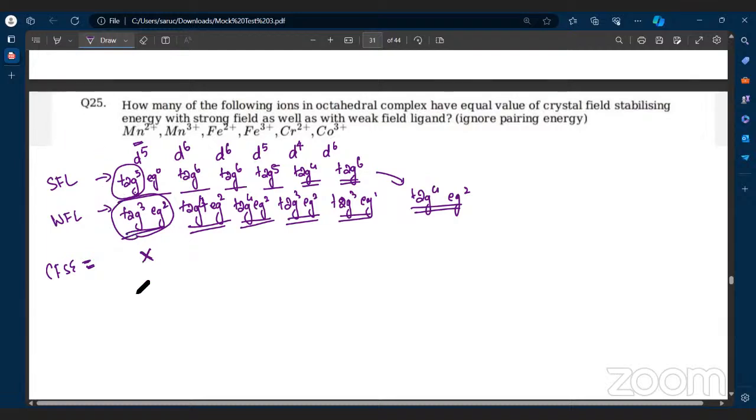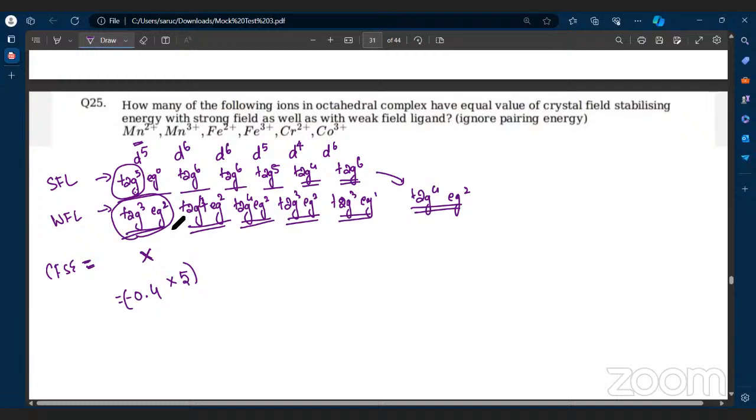Minus 0.4 into the number of electrons in t2g, which is 5, versus minus 0.4 into 3 plus 0.6 into 2.